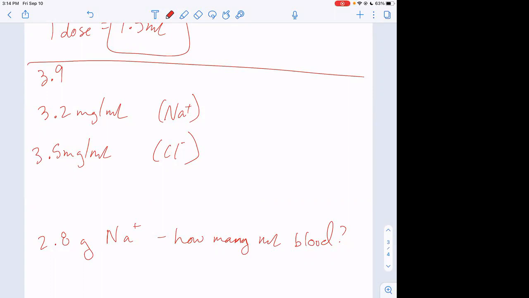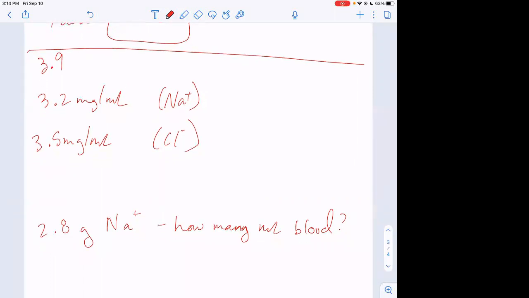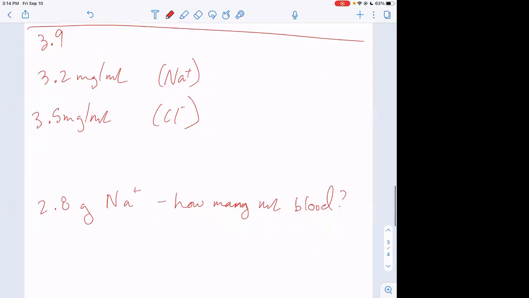So it gives you some information on the side, and it says that in blood serum for healthy adults, you have 3.2 milligrams of sodium ions per milliliter of blood. And blood serum in healthy adults contains 3.5 milligrams of chloride ions per milliliter of blood. And then there's a part A and B.